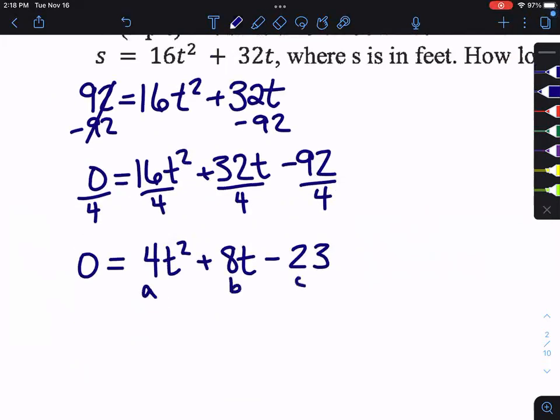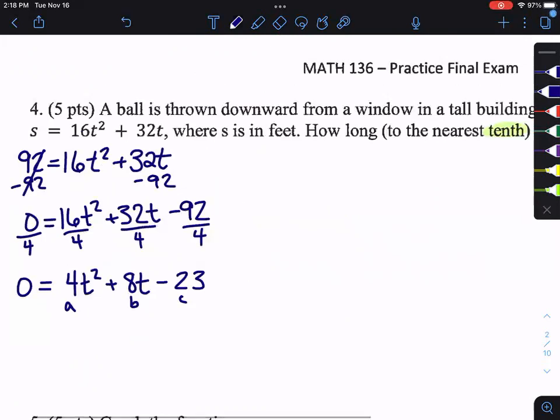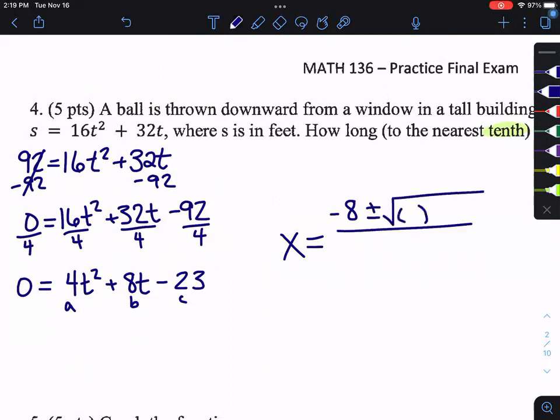A, B, and C. Quadratic formula is given to you on your reference sheet, so you don't have to have it memorized. So x equals negative b, so negative 8 plus or minus the square root of b squared minus 4 times a times c, all divided by 2 times a.